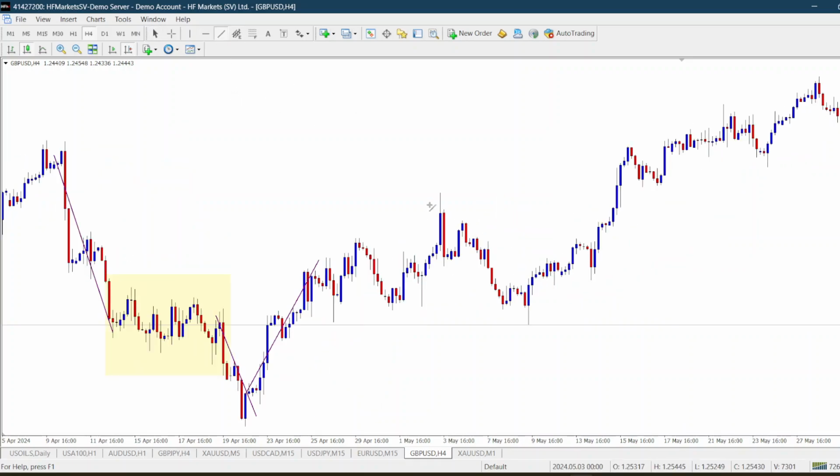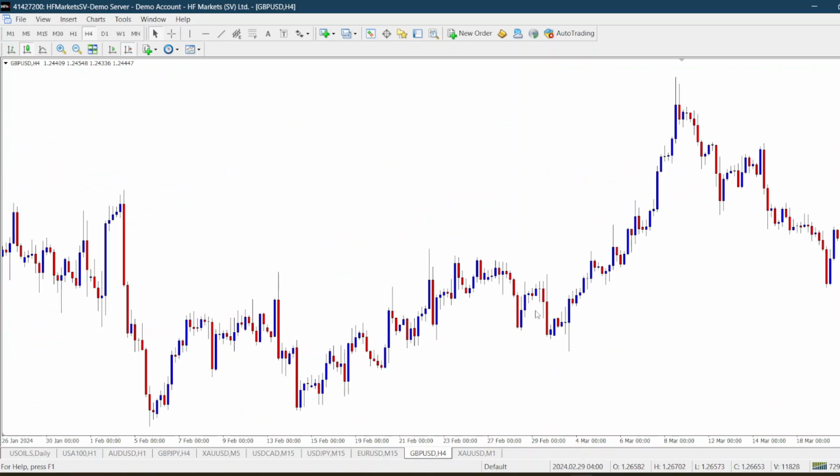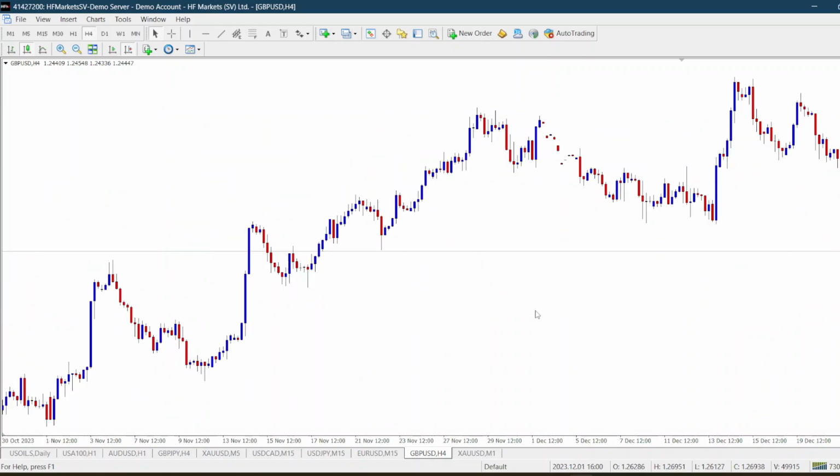Okay. You can see what's happening here. I can decide to even use, okay, no, this is not exactly it, because we're not supposed to have wicks dropping below.